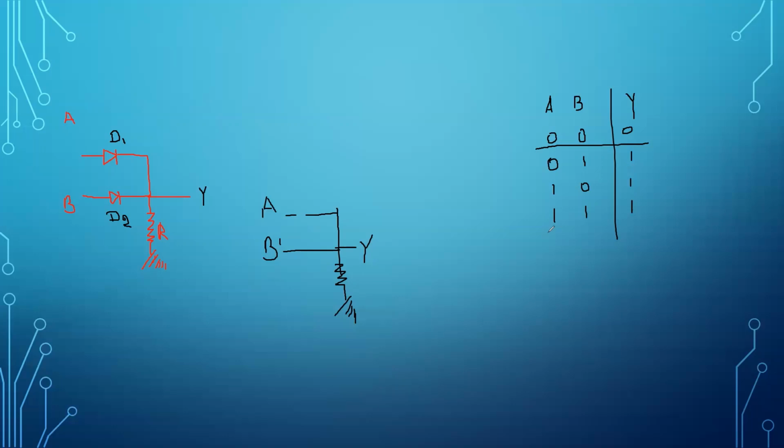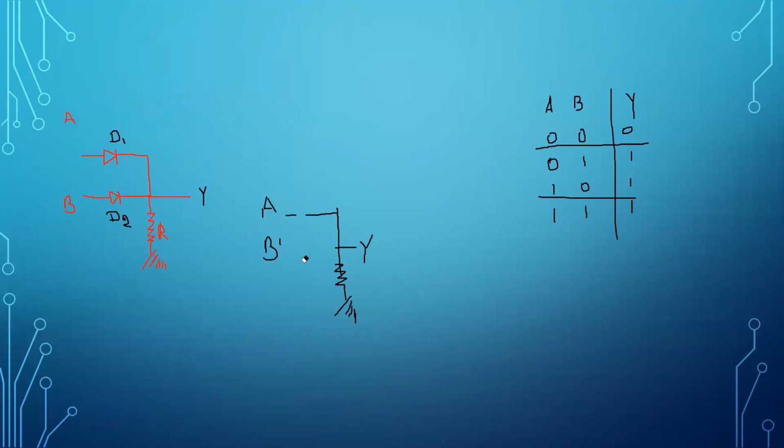So output is equal to 1. Then for case 3, A is equal to 1, B is equal to 0. As in case 2, we will change the order of the connection.